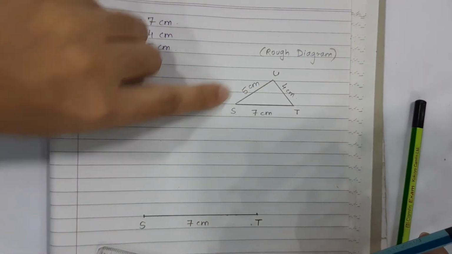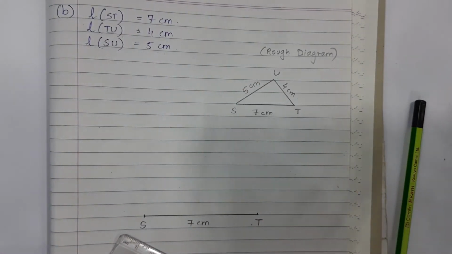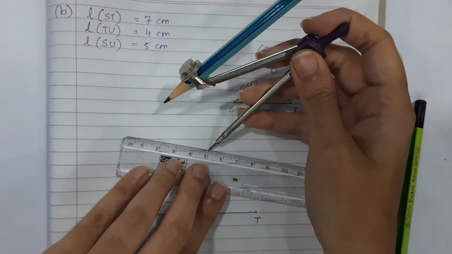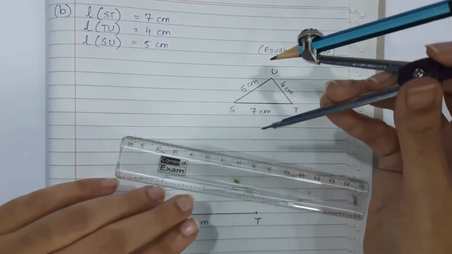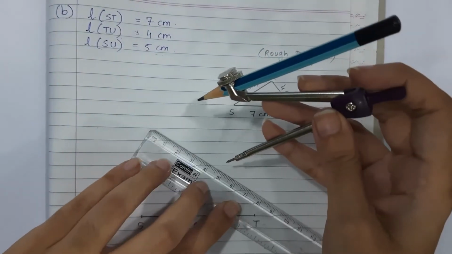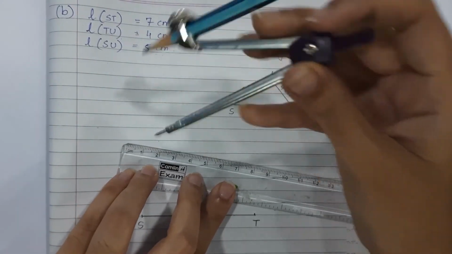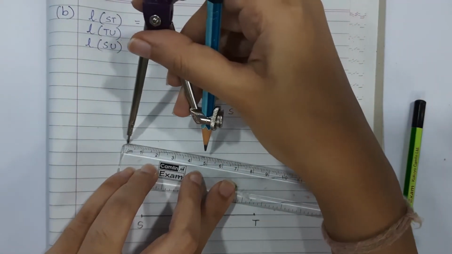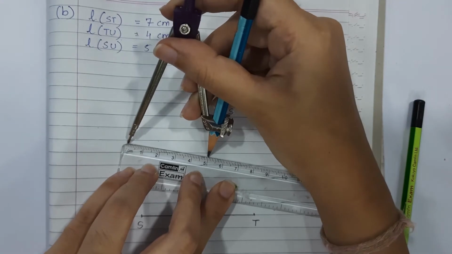So first I am starting with SU, that is 5 centimeter. I will take 5 centimeter on the compass using a scale. Exactly 5 centimeter you all are supposed to take. See, exactly 5 centimeter.